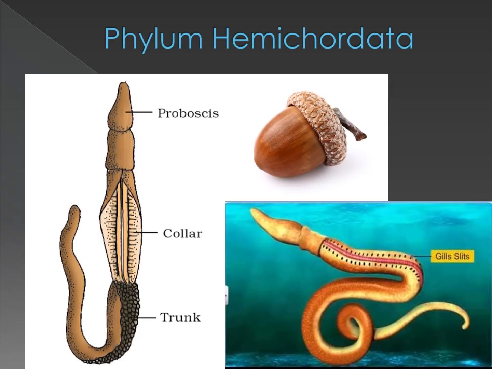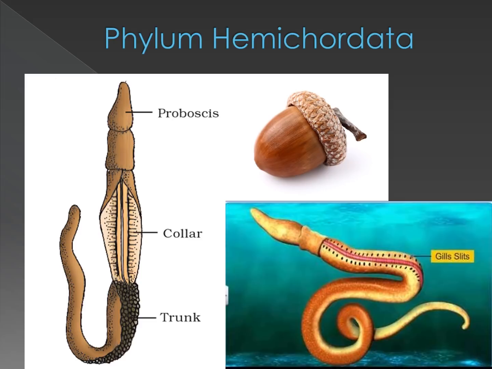Coming to the phylum Hemichordata. The body of these animals is divided into three parts: the proboscis, the collar and the trunk. The proboscis is the part which contains the notochord.